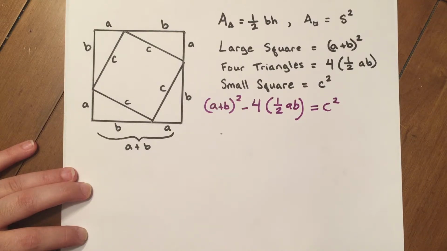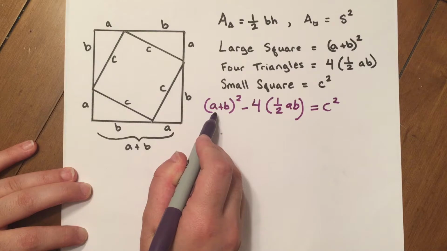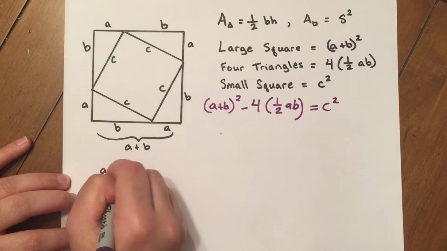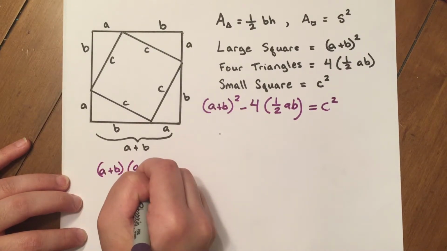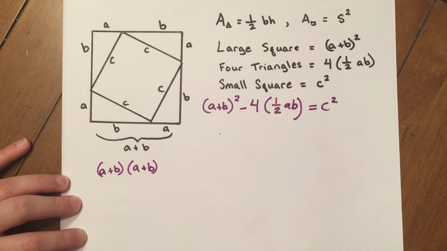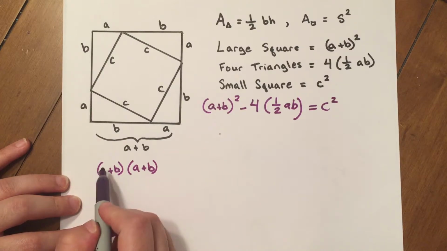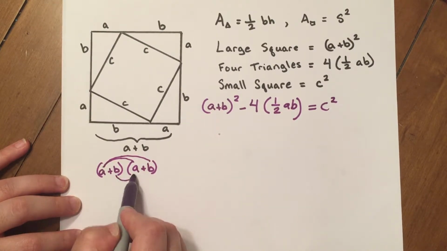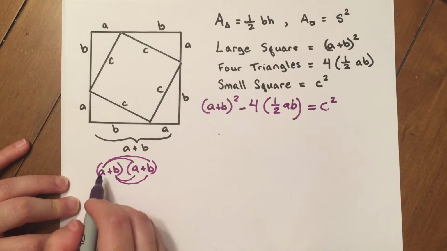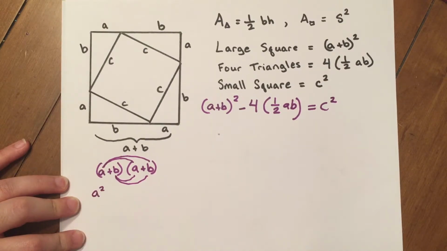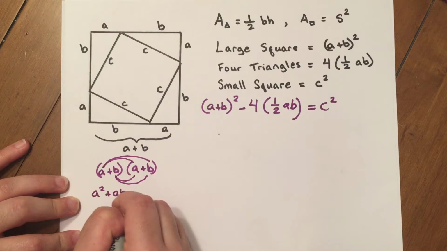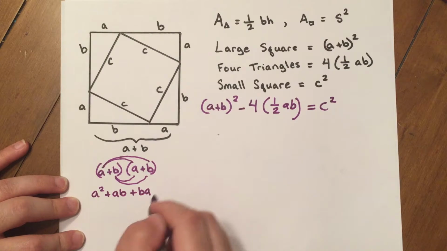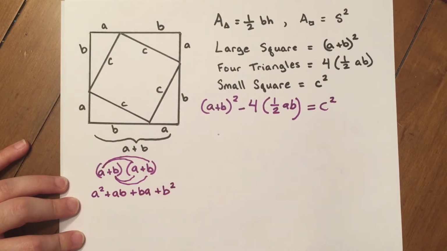Now we just do a little bit of algebra. If we take this A plus B squared, we're going to work on it over here on the side. We have A plus B times A plus B. If we use our distributive property in algebra, we take A, distribute it, and we take B and distribute it, we end up with A squared plus AB, and then we look at the B, we take BA plus B squared.